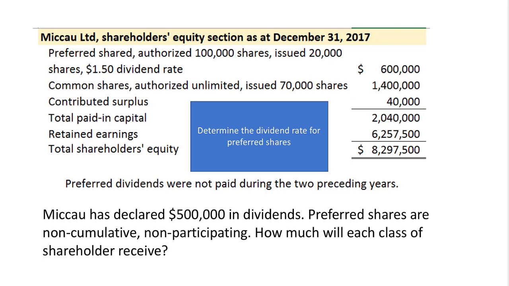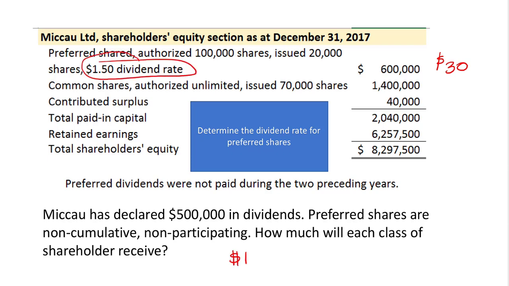So the first thing we're going to do is determine the dividend rate for the preferred shareholders. It turns out that we're not going to actually need it in this particular question, but now's as good a time as any to show you how to do it. I said that the average price per share for the preferred shares was $30, and the dividend rate was $1.50.